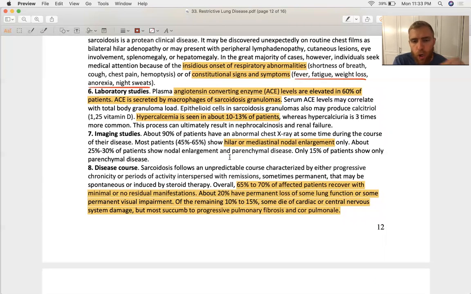Most patients show hilar or mediastinal nodal enlargement only. So if you do see this, then your differential is narrowed, not significantly due to the node involvement, but if the node involvement is the only thing you see, then you're like, oh man, okay, granulomas, what can cause a granuloma, right?